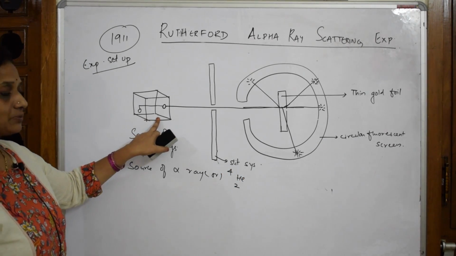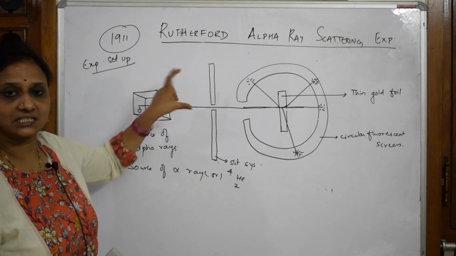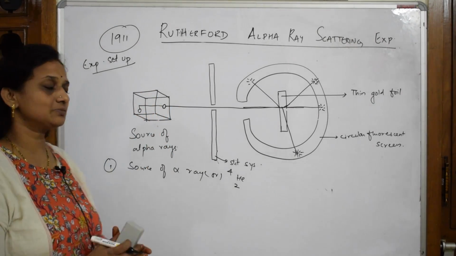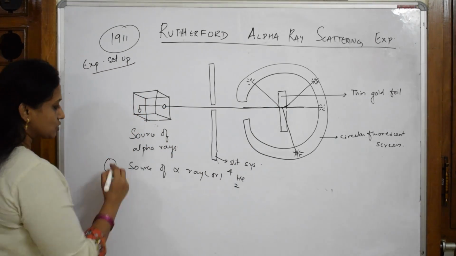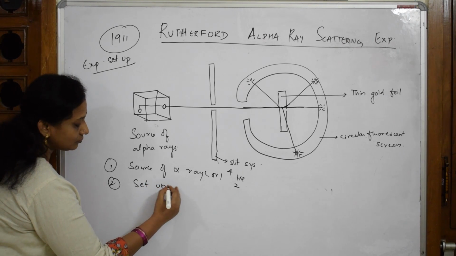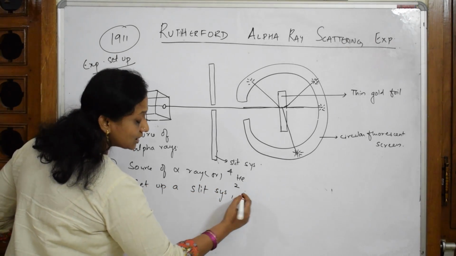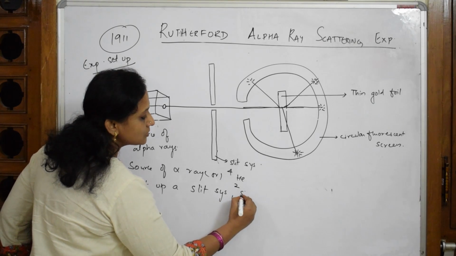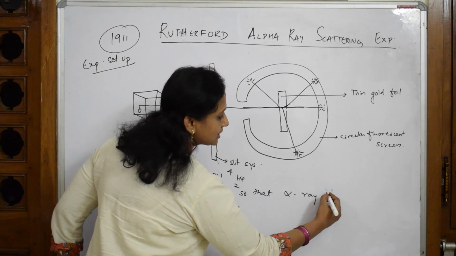After picking up the source, he also took a slit system, two slits, so that the ray travels in a straight direction. Why a slit system? So that the alpha ray travels in a straight line.